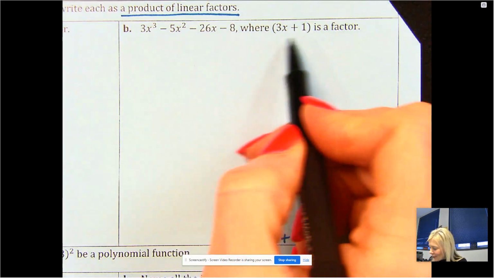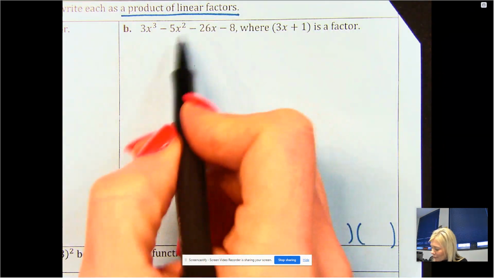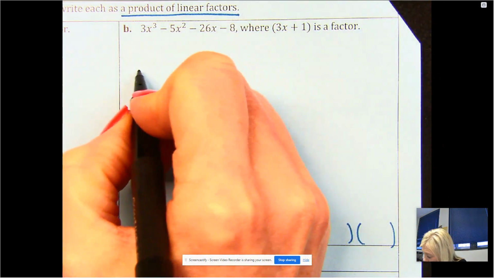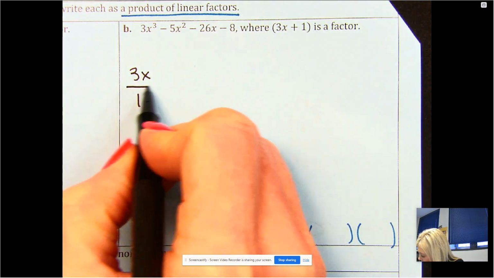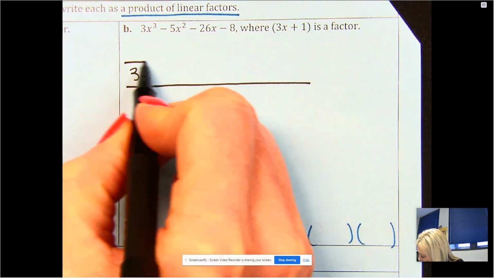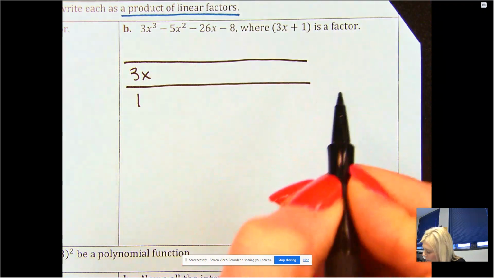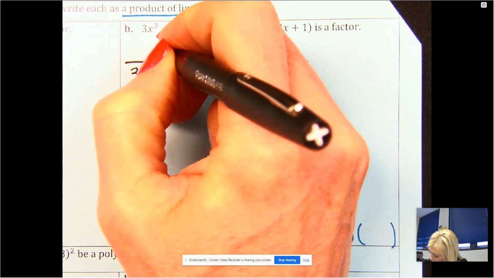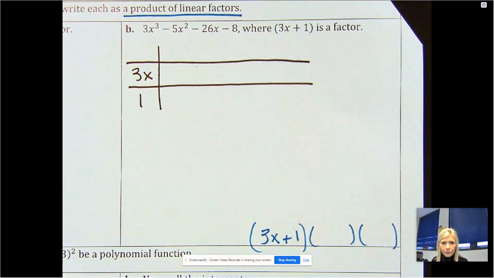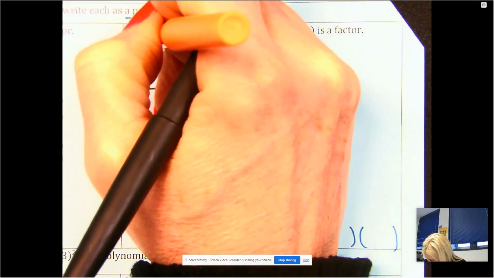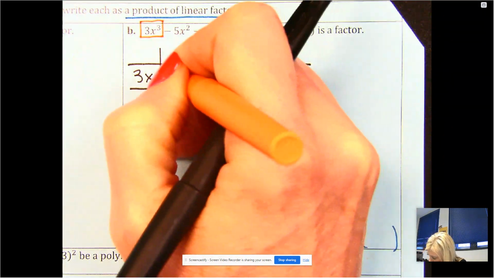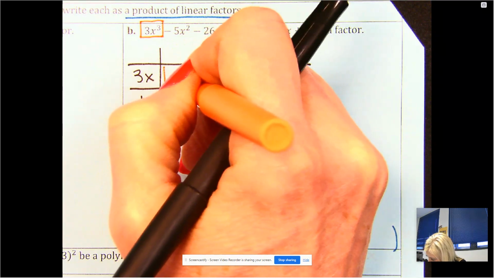So we're going to divide out the 3x plus 1 from this big polynomial. So I'm going to use the box. And then remember, to start this, we take that very first term in the polynomial, this one, and we put it right here.